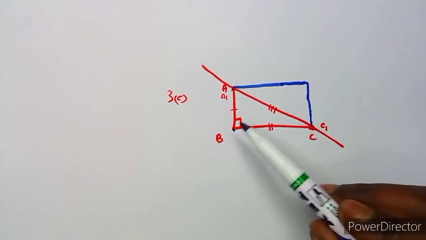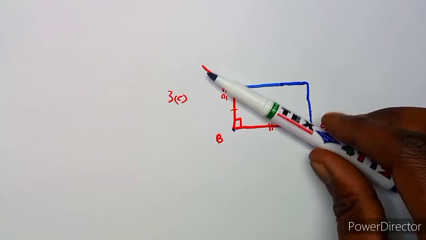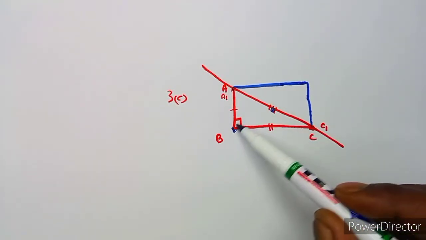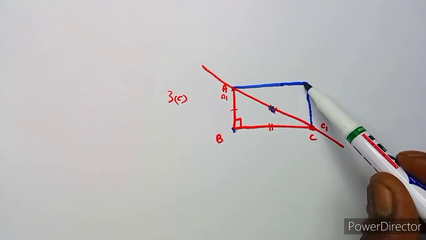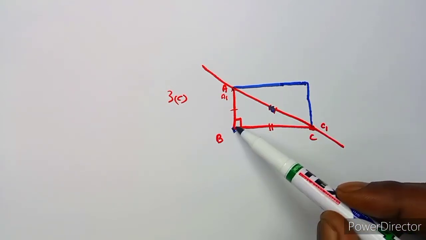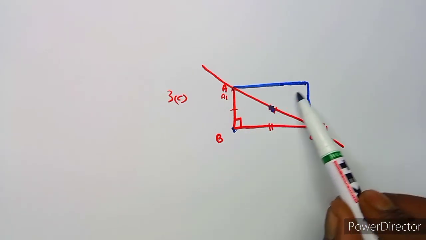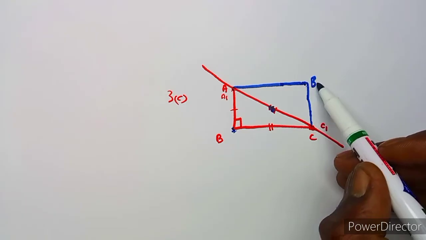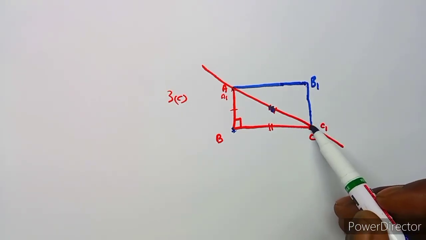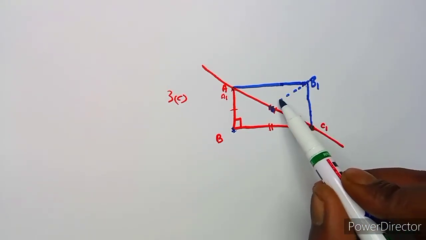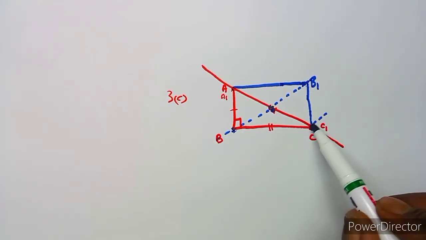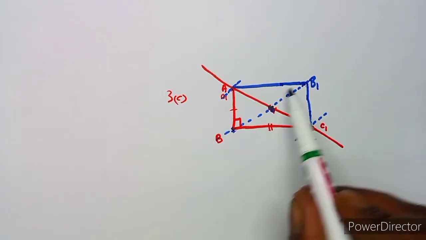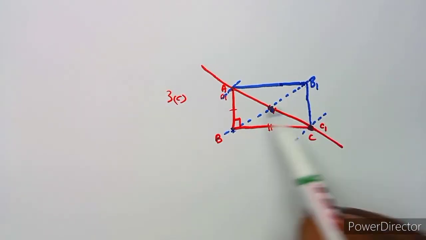You'll see this is your mirror here, and the same distance is moved here. So this is your B1 and the C. If you cross check, remember your concept of joining corresponding points, you produce parallel lines.